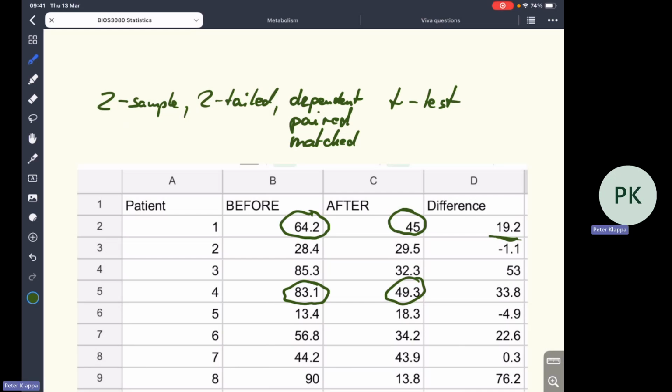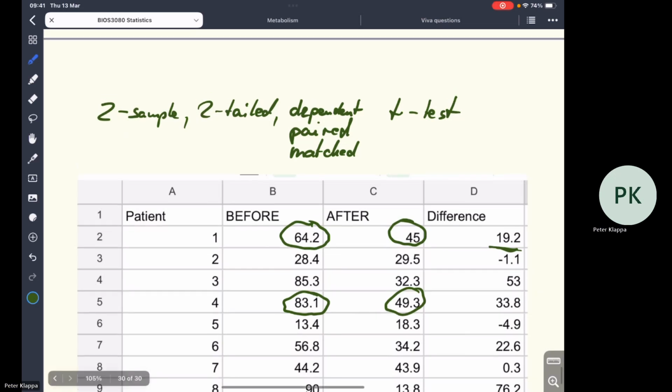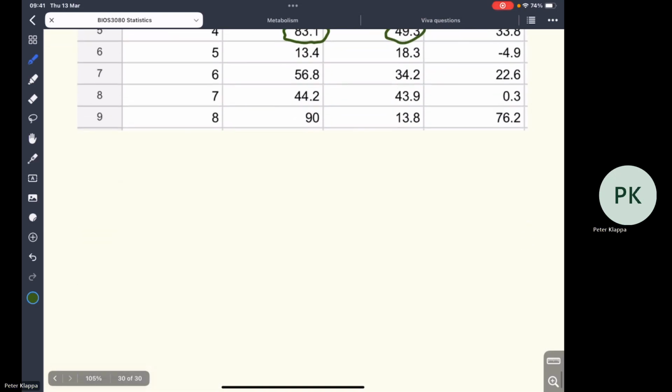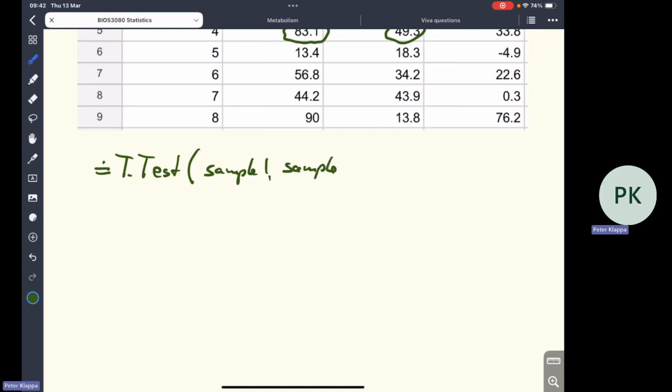So how do we deal with that? The answer is simple. In Excel, we can do equals t-test sample 1, sample 2.